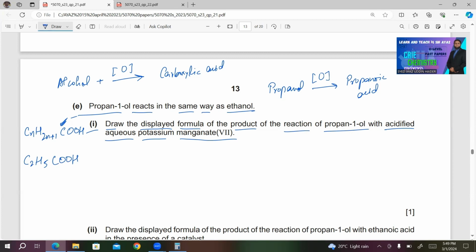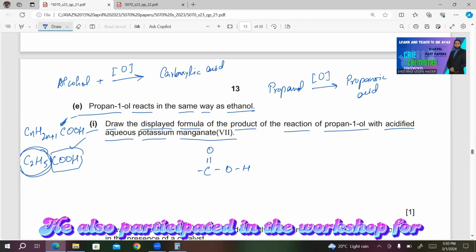Now, it's a carboxylic acid, so you must have C double bond O, OH. First of all, I am drawing the C double bond O, OH. I am done with this COOH part. Now I need to draw C2H5 in the displayed formula form. We have 2 carbon atoms, 1, 2.